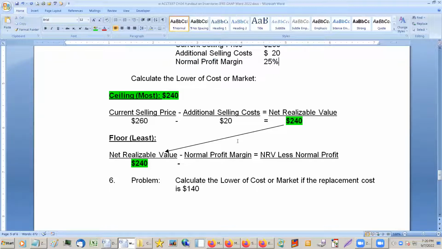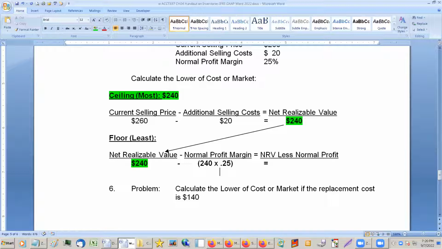Minus 240, and this will equal our floor. 240 times 25% is what? 60?